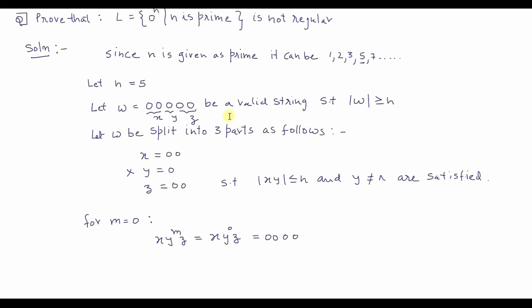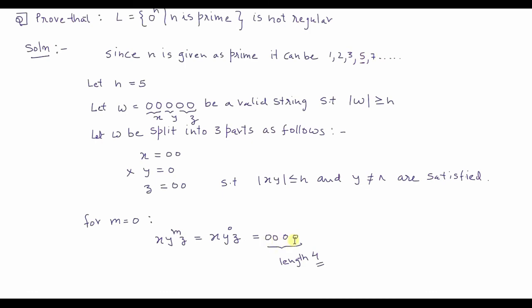Now if you look at this, see what is the length of this string. The length of this string happens to be 4. Now looking at the definition, is 4 prime? 4 is not prime. Here it clearly says the total number of zeros in the valid string should be a prime number. It can have a string with only 1 zero, only 2 zeros, 3 zeros, but not 4 zeros, then 5 zeros, then 7 zeros.